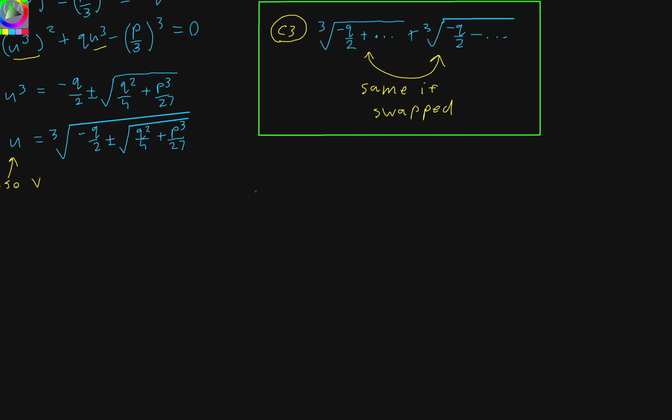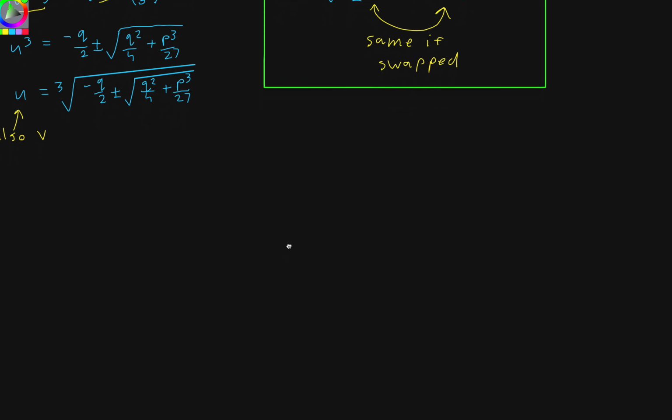So now what we're going to want to do is talk about the discriminant, okay? The discriminant is what's inside the square root, the nested roots. It's going to be q squared over 4 plus p cubed over 27, and we're going to check various equalities to 0 basically.